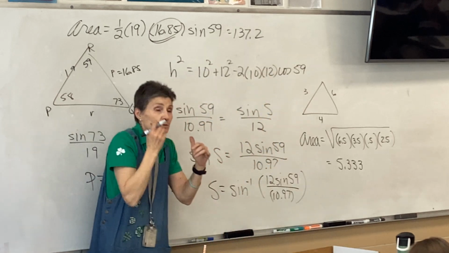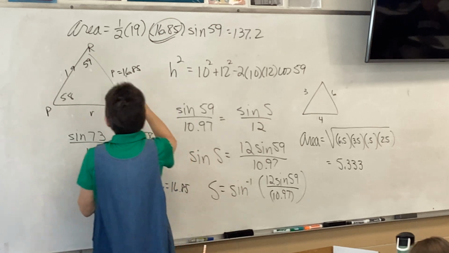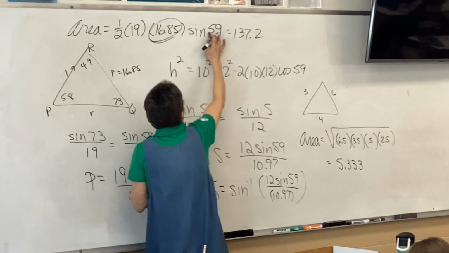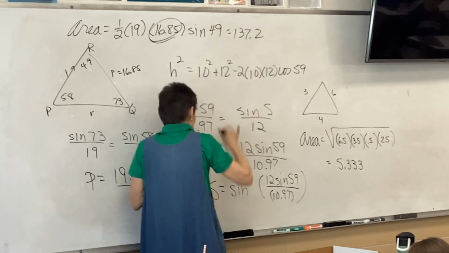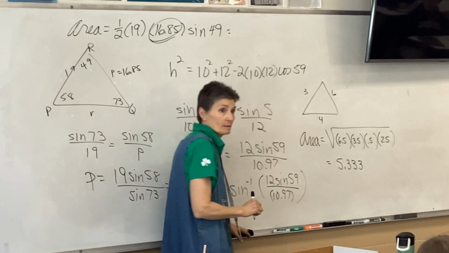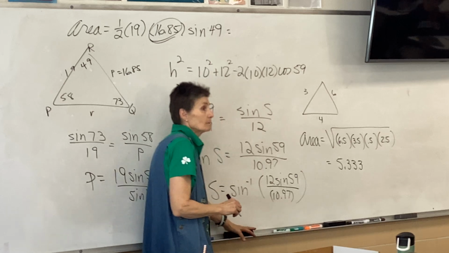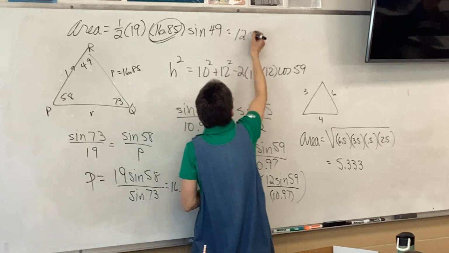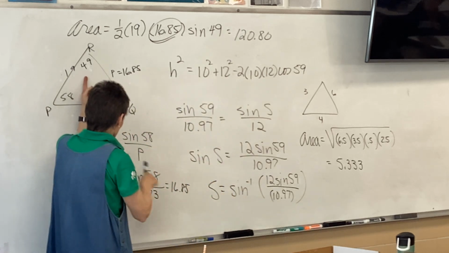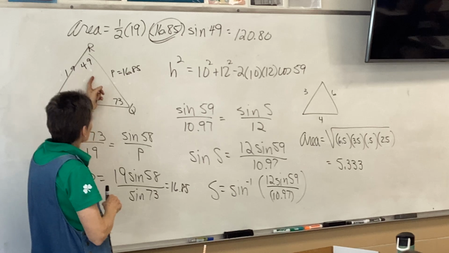Now, you got 49? 59. Oh, is that 49? Yeah. Oh, see, I make mistakes. You gotta think. Well, that's gonna change the answer, so what is that? 120.80. I did not use that angle in my calculations, so I don't need to worry about that.